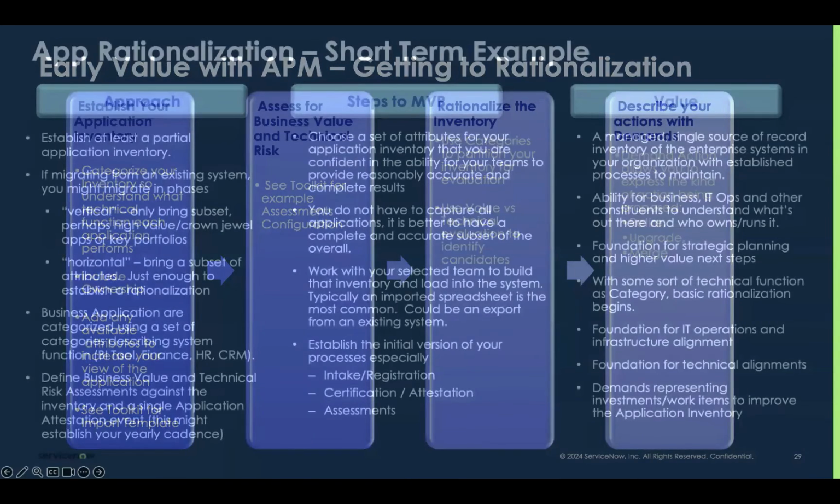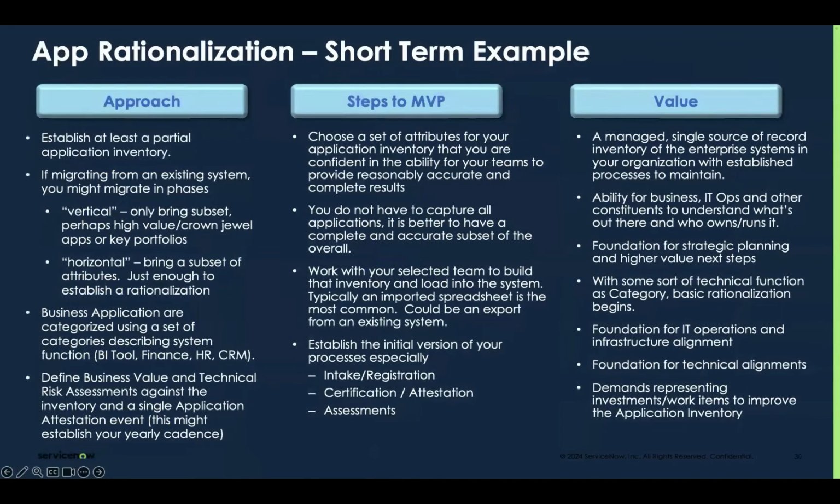Next. So here are some steps, just outlining a very short example, but the approach is what we discussed. Establish that inventory. You might go vertical and get just your most important applications. You might go horizontal and just get 5 or 6 attributes on everything you can find.